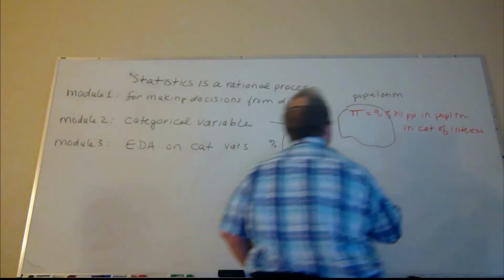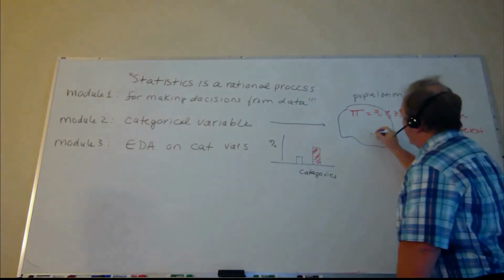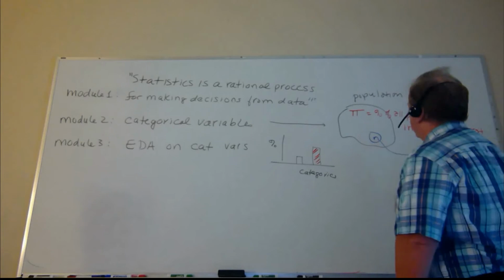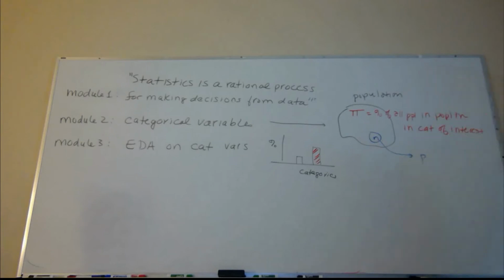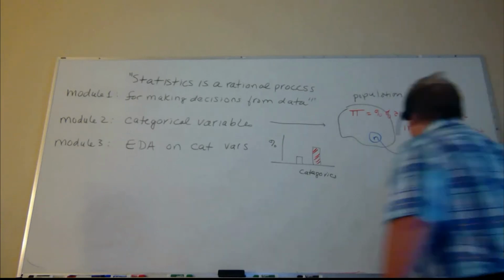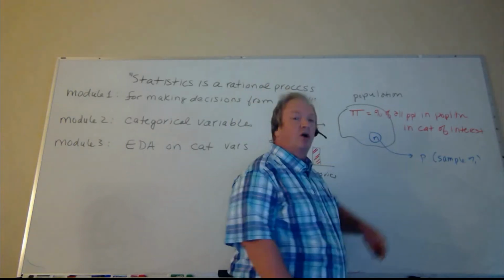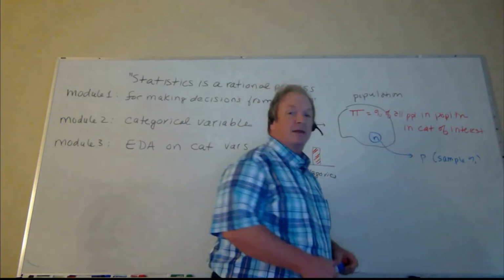So this decision involved us taking a small sample of size n, computing a sample percentage, and from the value of the sample percentage, being able to say something about the population percentage. This is a really hard process. In order to work on this problem, we have to know what sample percentages from this population look like.